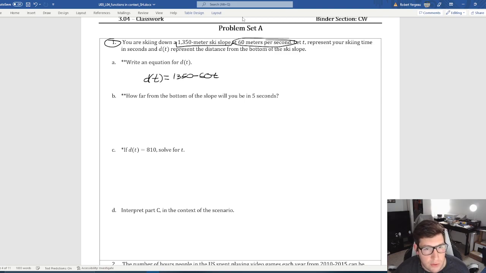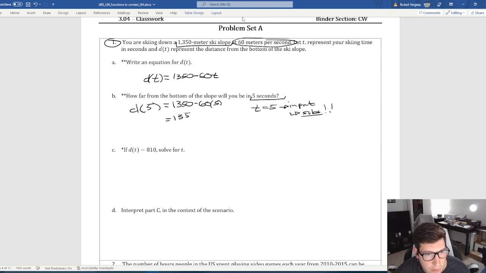How far from the bottom of the slope are we after 5 seconds? All right, 5 seconds, that's going to be a t value. t is going to be equal to 5. If t is equal to 5, that means that we are working with an input, which means we should be substituting. And so d of 5 is going to be equal to 1,350 minus 60 times 5, which is going to be 1,350 minus 300.